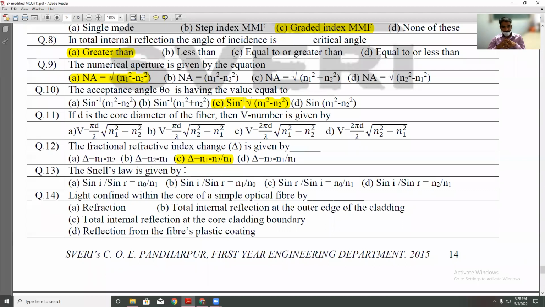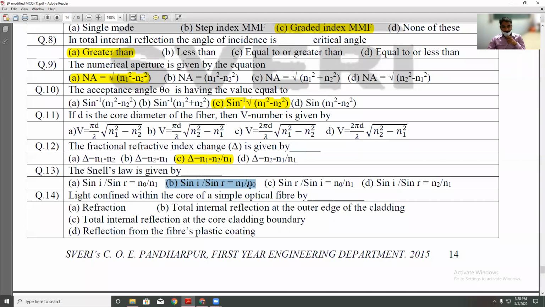Sin i upon sin r is equal to n upon n naught. Have you been told this, sir? Did we discuss it? Yes, sir. Option B. Yes, good.